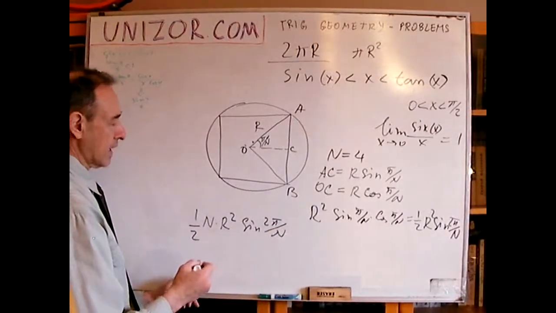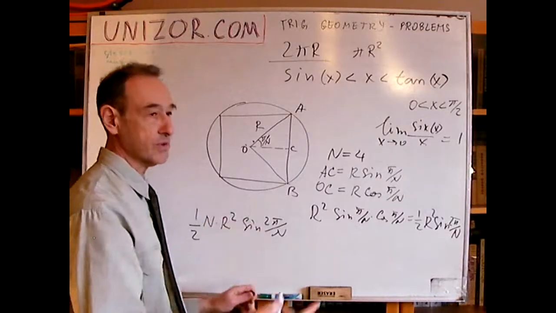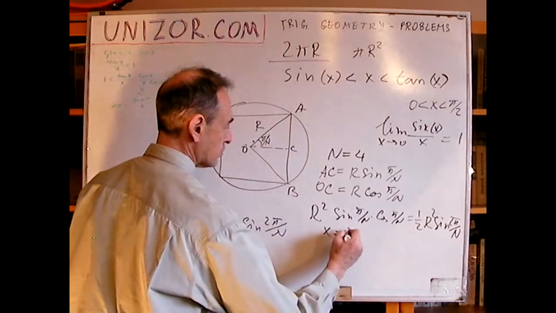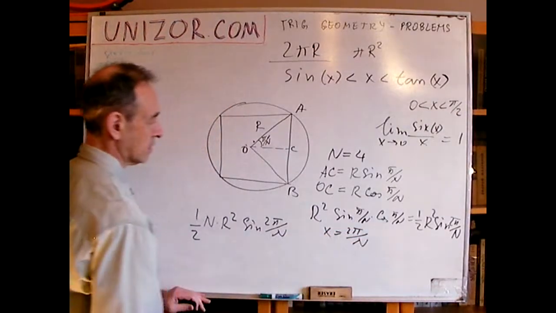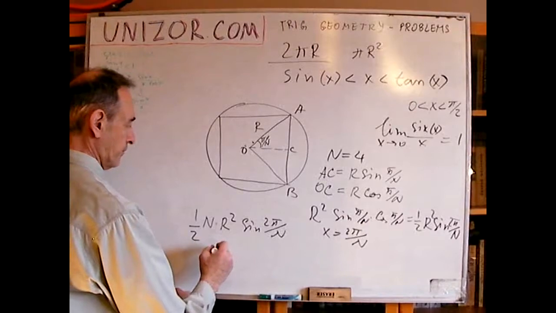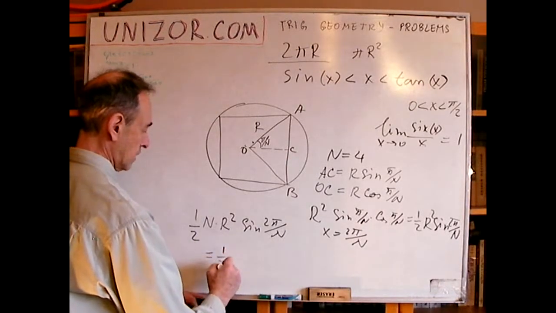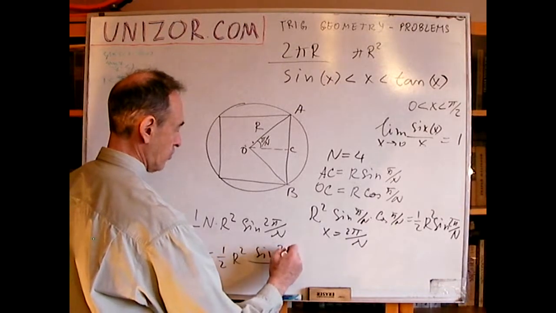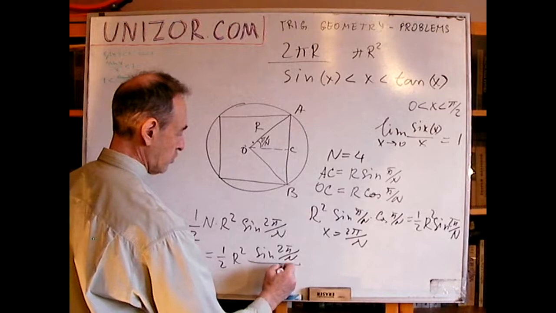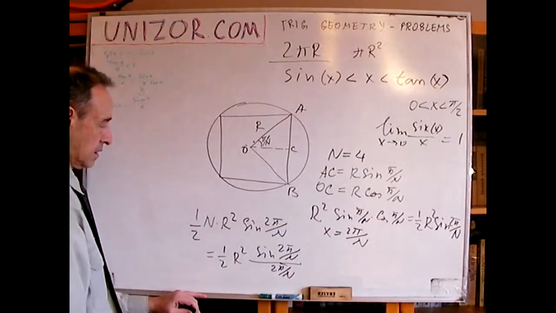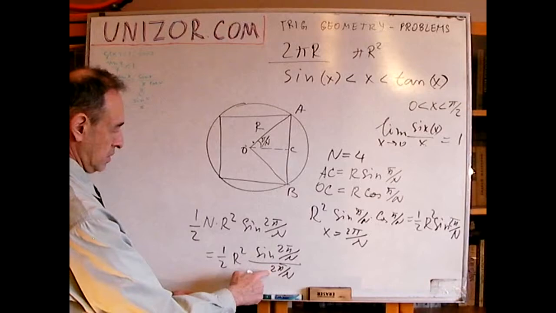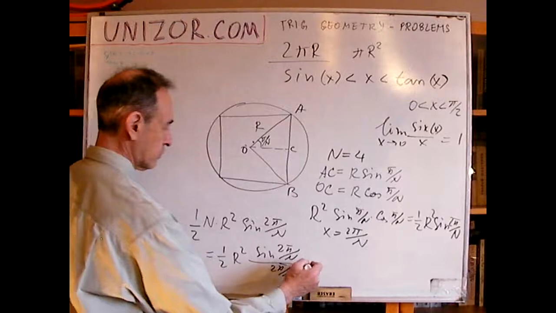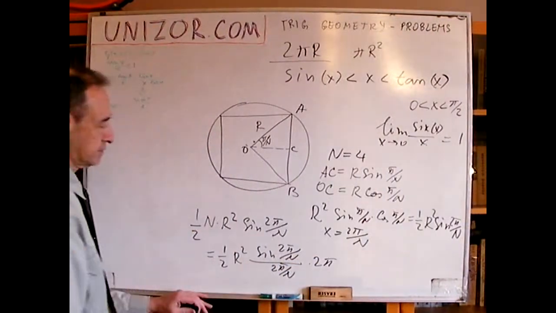And since I would like, actually, instead of n going to infinity, to have some kind of x going to 0, where x probably should be 2 pi over n in this particular case, right? So this would be equal to 1/2 r squared times sine 2 pi over n divided by 2 pi over n. And I have to neutralize pi and 2. So I have to multiply it by 2 pi, right?